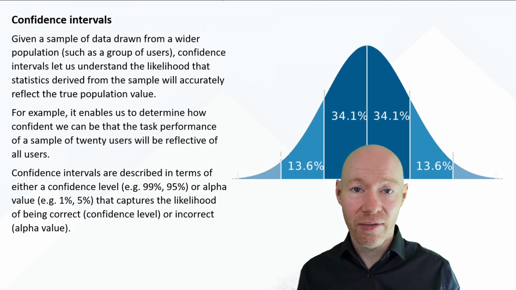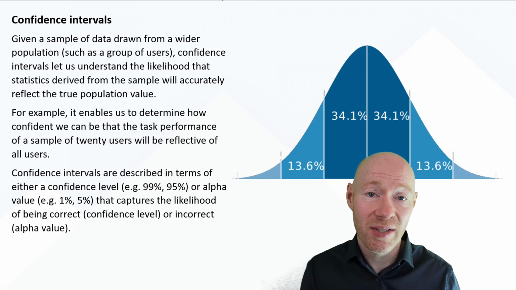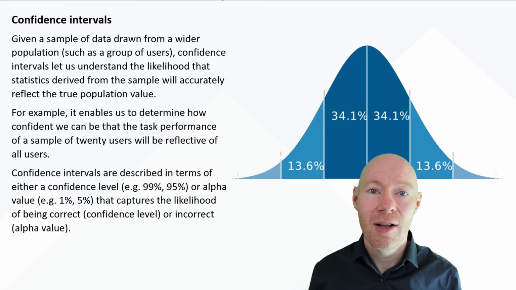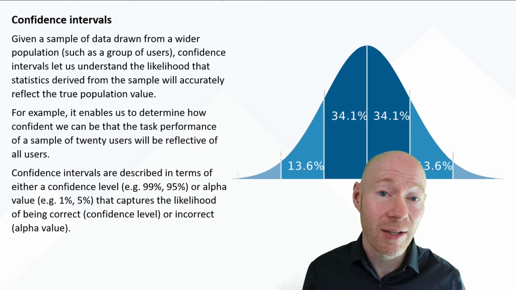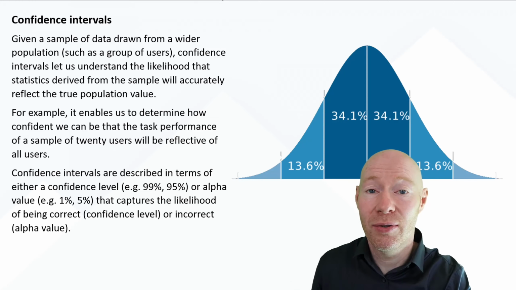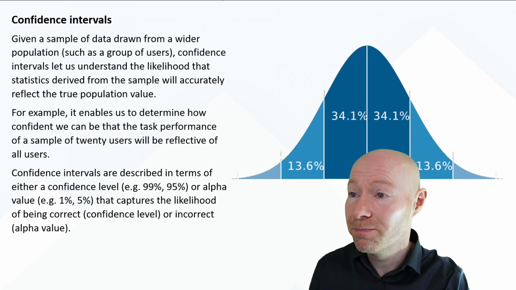Alpha values mean that there's a 1% or a 5% risk that the true population value will fall outside of the interval. So one's a positive way of looking at it, and one's the negative or risk way of looking at it. Depending on the function, some functions you'll put in alpha values, and some you'll specify a confidence level.